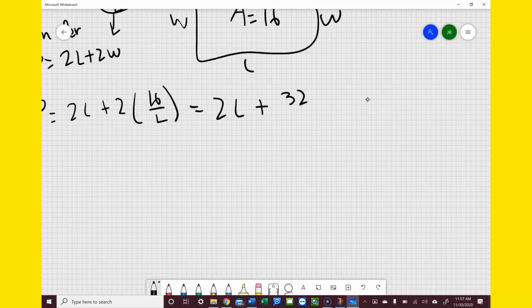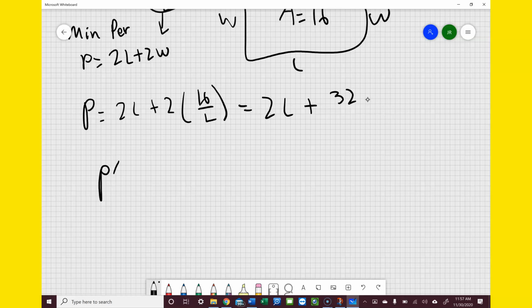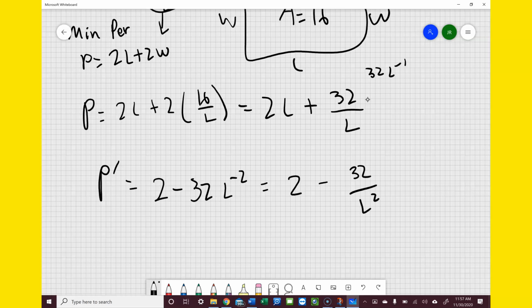So the derivative is going to be 2 plus, and this is 32 L to the negative 1, so that's actually minus. When I take the derivative, it's minus 32 L to the negative 2, which is 2 minus 32 over L squared.